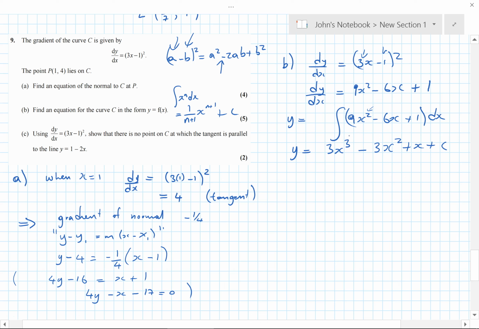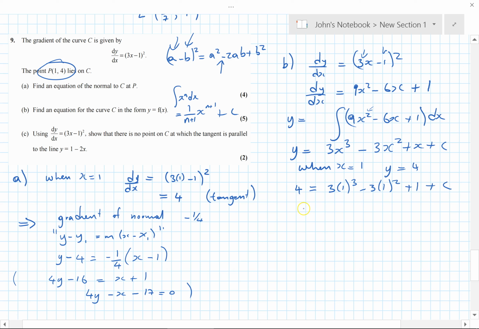Now, that would normally be it, but we can work out c because we're given a particular point. So at P, we can just say when x equals 1, y equals 4. So we have 4 is equal to 3 times 1 cubed minus 3 times 1 squared plus 1 plus c.